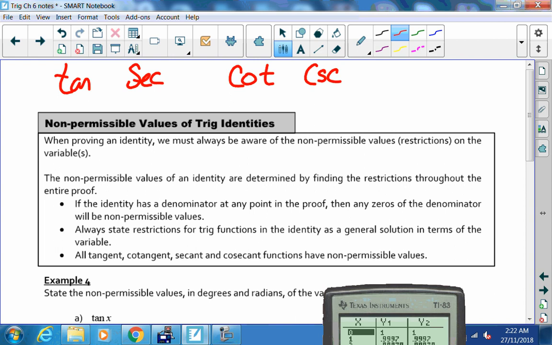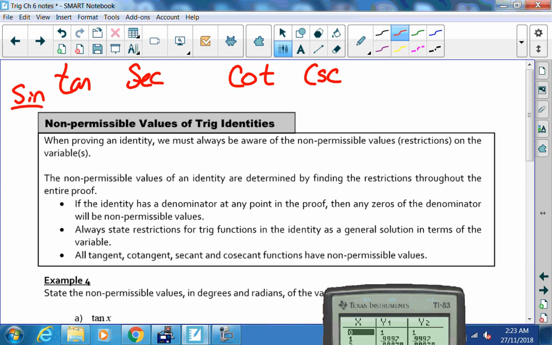The reason they have built-in limitations is even if I don't see it, they all have a trig function in the denominator, right? Oh, what the hell did I do here? No, back that up. Pretend that none of that happened just now, okay?